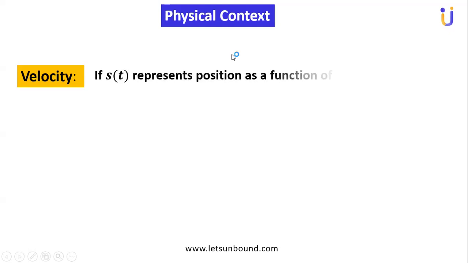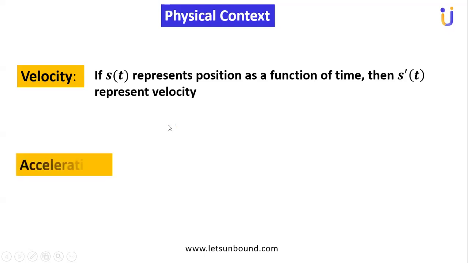First thing is physical context, and velocity. So how velocity is represented in the form of differentiation is: if s of t is a representation of position as a function of time, then s dash of t, the first derivative of the position function, gives you velocity.